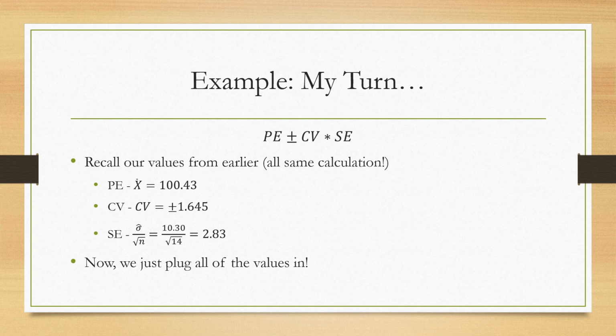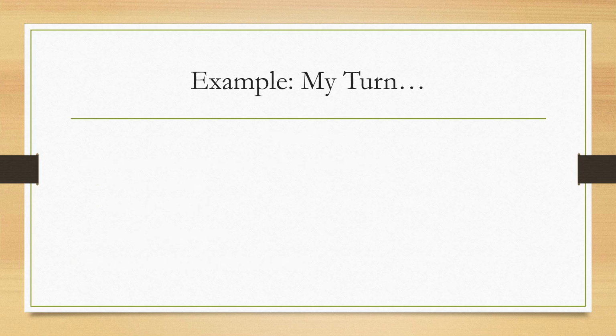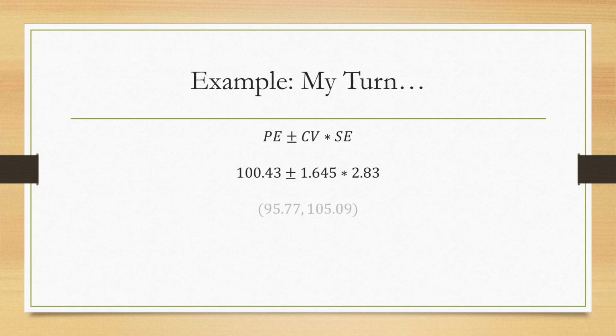All right, so now after I have all of this, I just plug in the values. So I have PE, CV, and SE, and I just plug them into their appropriate places. Yeah, that's really it. So plug in PE, CV, and SE, and hit enter. I do the plus and the minus.